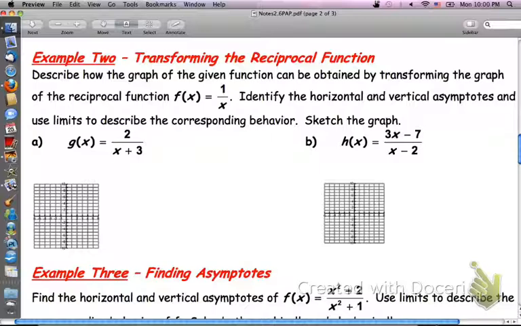So again, we'll have to do this from the left and the right. So the limit as x approaches negative 3 from the left, we write what again? Minus sign.